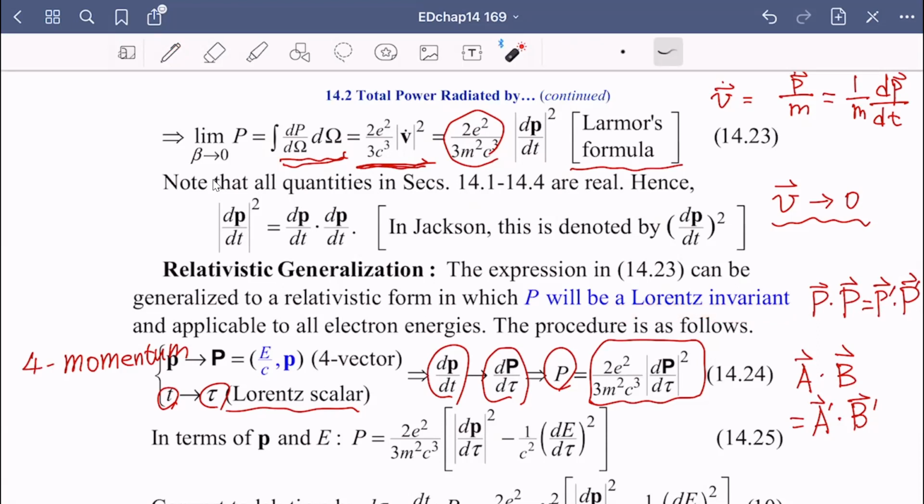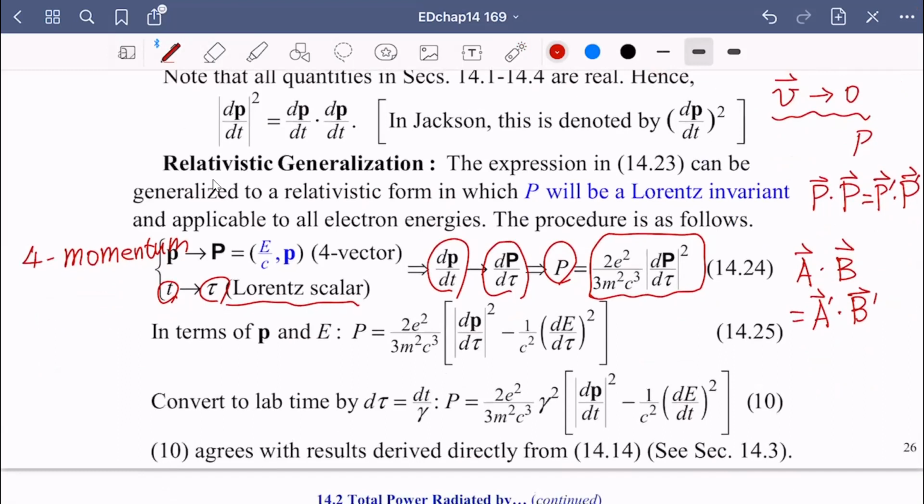That's Lorentz invariant. And this P is different from this P. This P is the total power radiated. I'm sorry, this P is different from that P. Okay, the procedure is as follows.